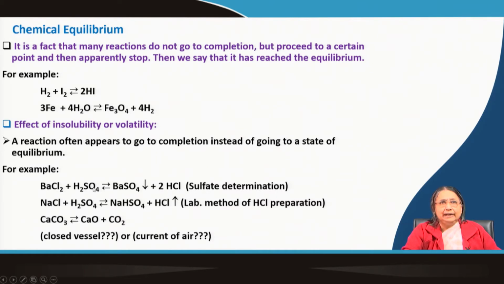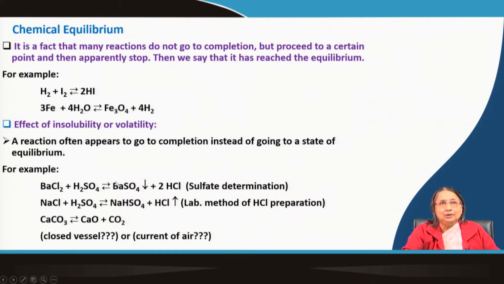Now, when some product is going out of the phase, then the reaction goes towards the forward reaction. Why? Because you know the equilibrium expression. We have seen how the reactant concentrations and the product concentrations are written.